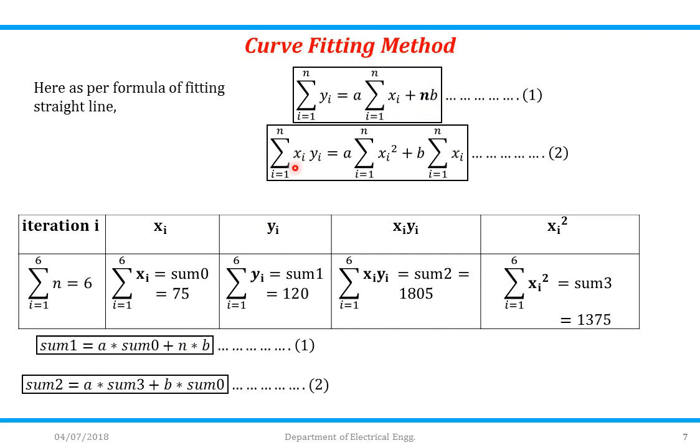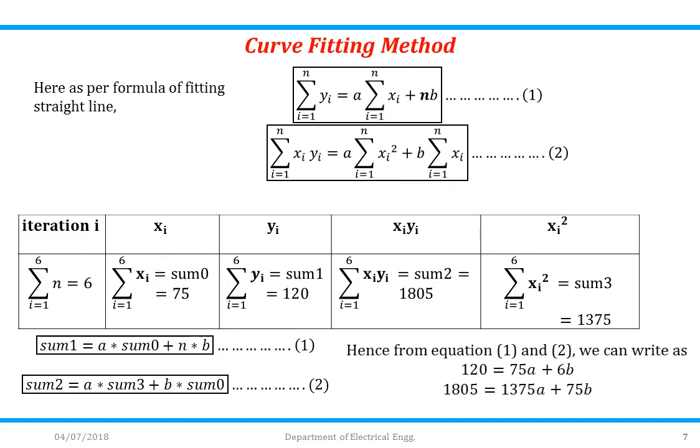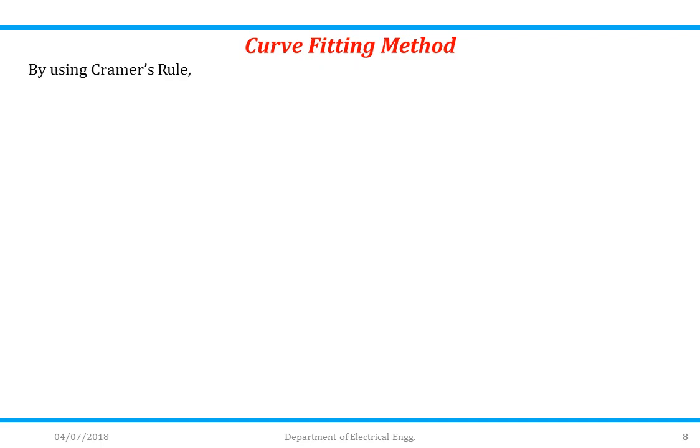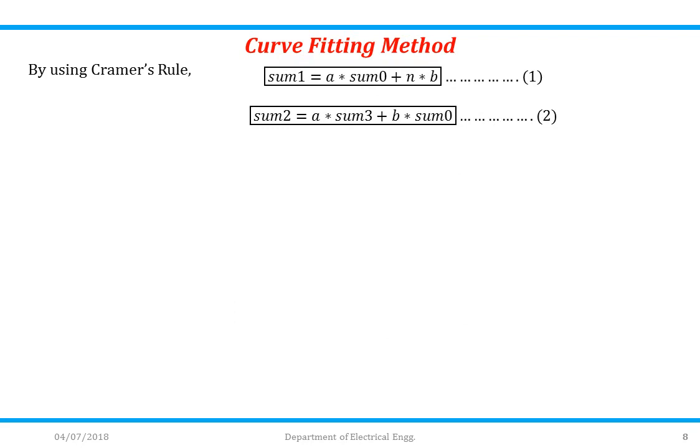For the second equation, summation xi yi is denoted by sum 2, so I have written sum 2 equal to a as it is, into summation xi square, denoted by sum 3, plus b into summation xi, denoted by sum 0. Hence from equation 1 and 2, we can write the values here as 120 equal to 75a plus 6b, 1805 equal to 1375a plus 75b. So again I have written similar equations here.